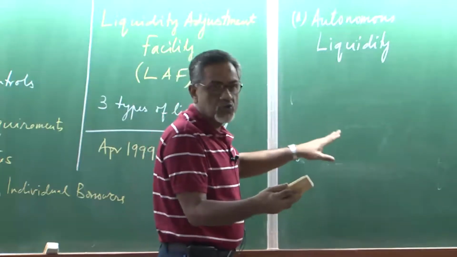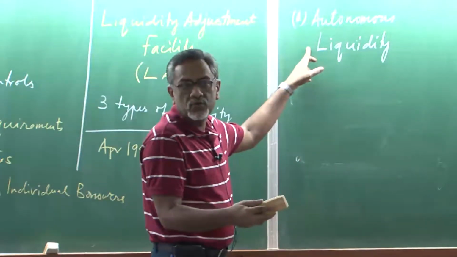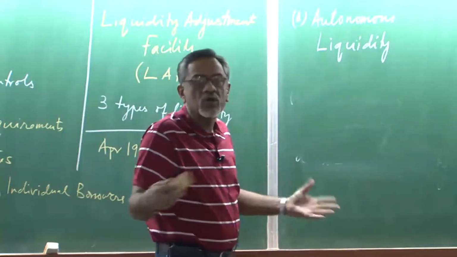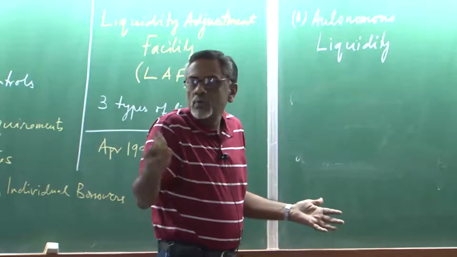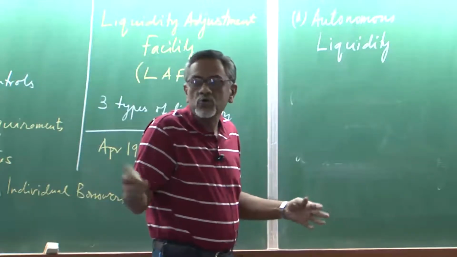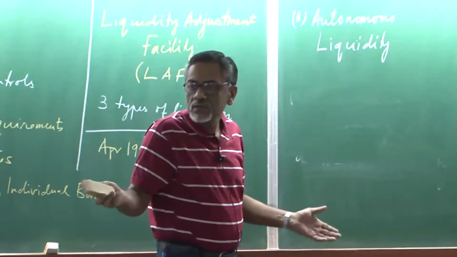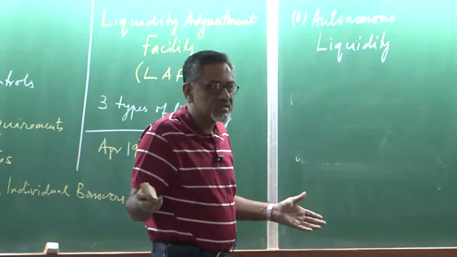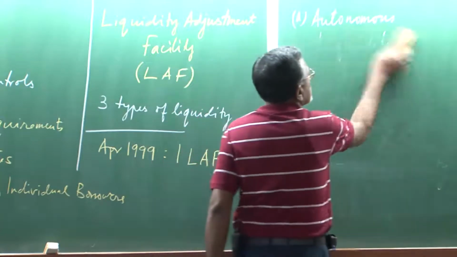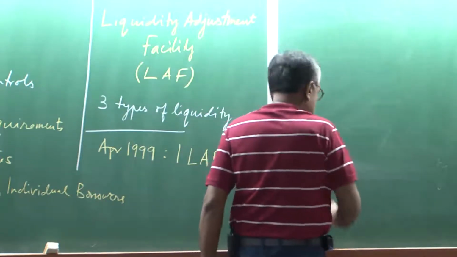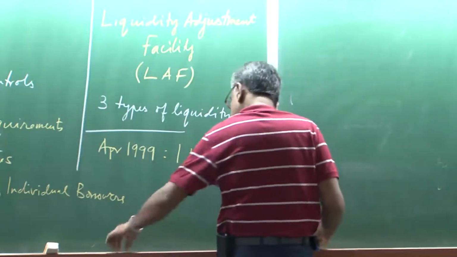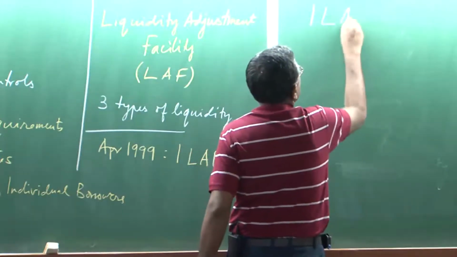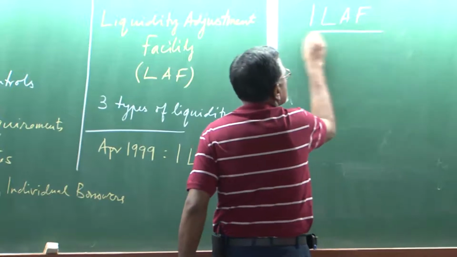So, they would try to control it, and on autonomous liquidity they have very little control. It is the normal working of the economy. Like an individual, how can you control his body temperature and everything? If there is some disturbance, then you try to adjust that. So, to operate the discretionary part, ILAF has a basket of things.